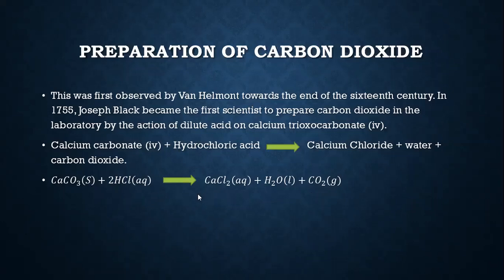I don't want to believe that there is anybody who should not be able to write this equation appropriately, as we have done this extensively in our previous classes. How did calcium carbonate become CaCl2? Because the oxidation state of calcium is 2+ and Cl is minus. Exchange of it gives us CaCl2 and so on.